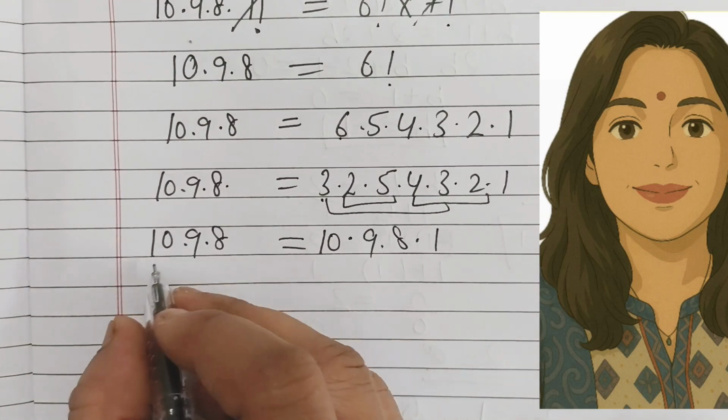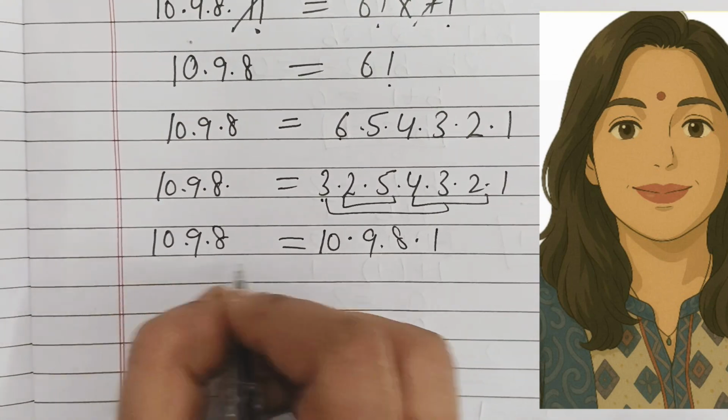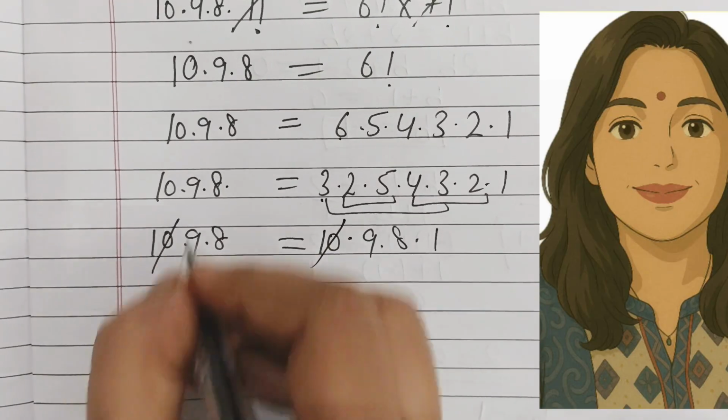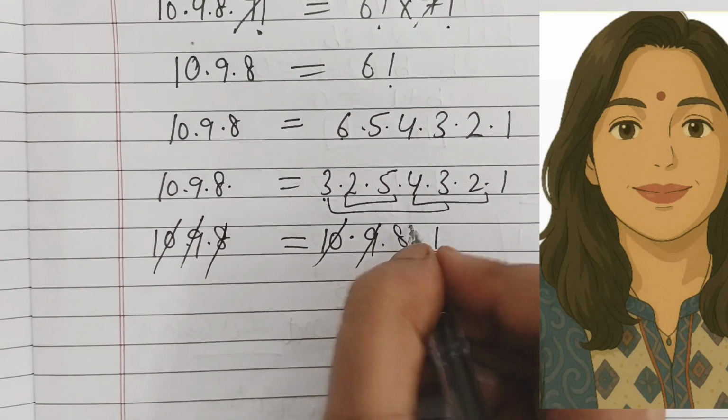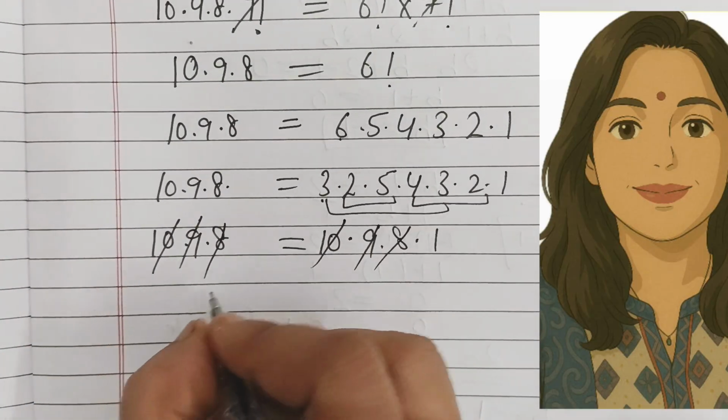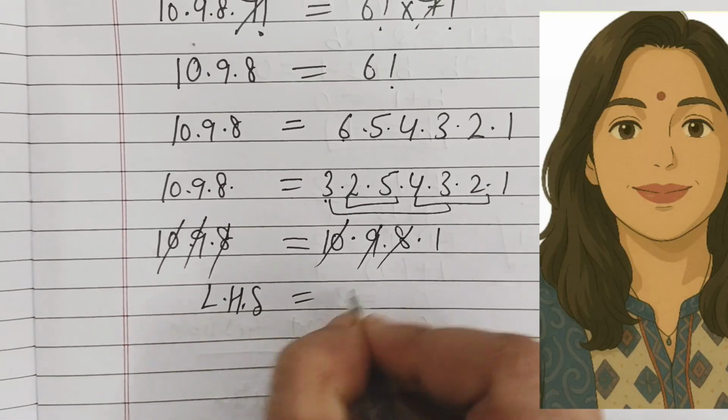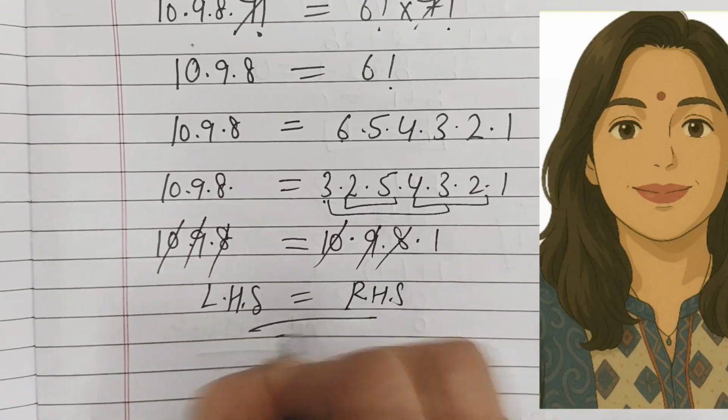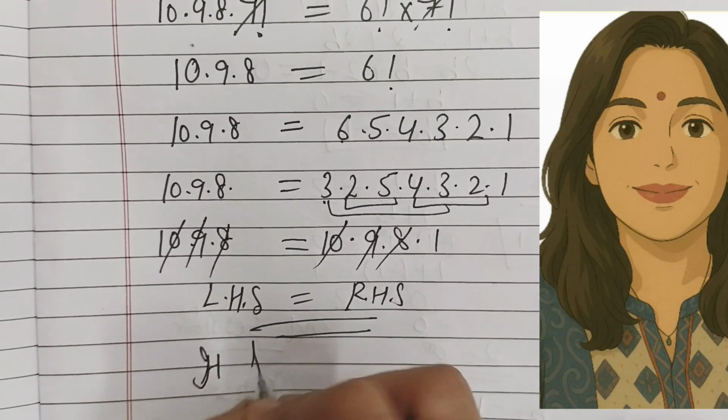Okay, so here 10 into 9 into 8, 10 will be 10, 8 will be 8 and 9 will be 9. So LHS equals RHS. So hence it's verified.